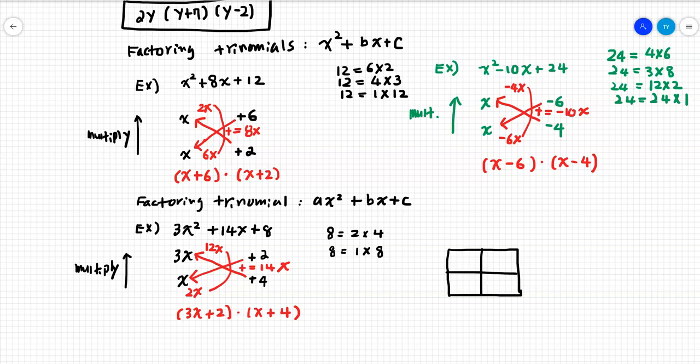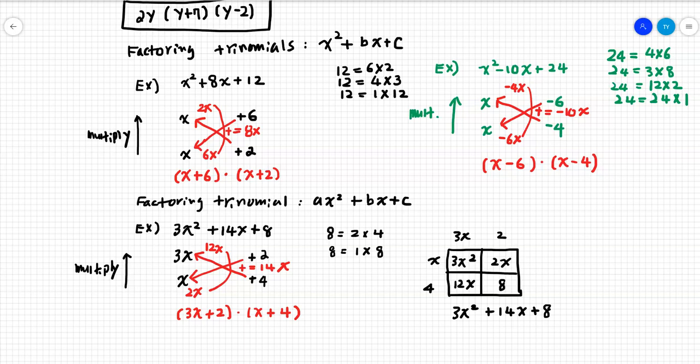So we have 3x, 2, and x and 4. You get 3x squared, 2x, 12x, and 8. So we have 3x squared, 2x plus 12x, we get 14x, and plus 8. That's exactly what we started with.